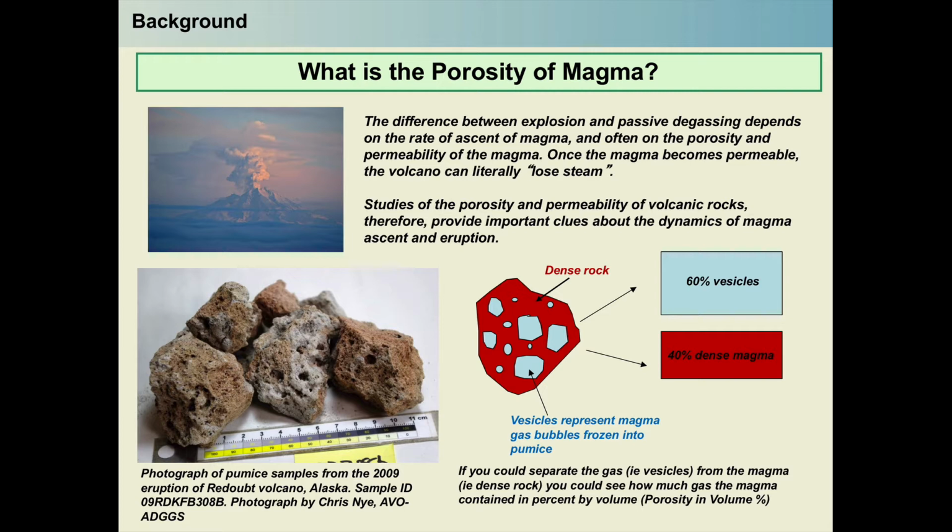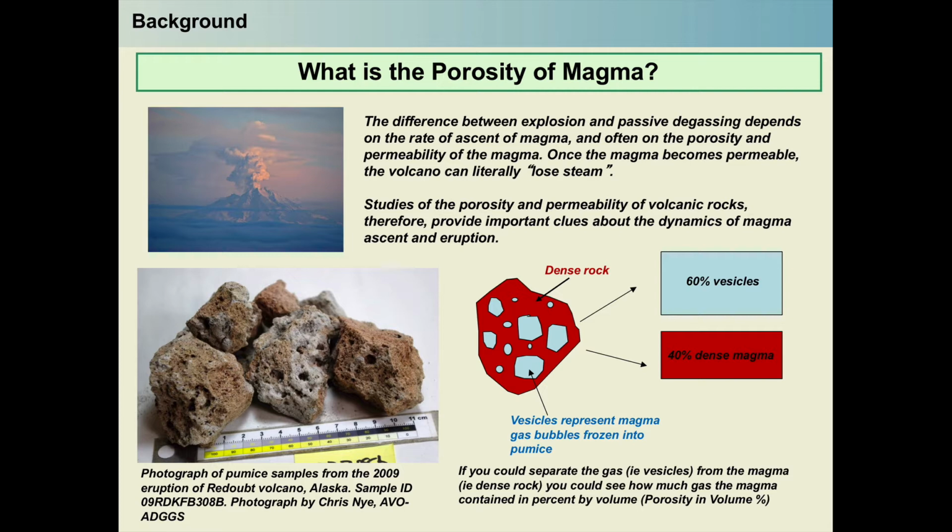As we saw from the last slide, the difference between explosive and effusive eruptions, or even passive degassing from magma underneath a volcano, depends upon the rate of ascent of magma, and it is also linked with the porosity of that magma and its permeability, or how easily that gas can escape.